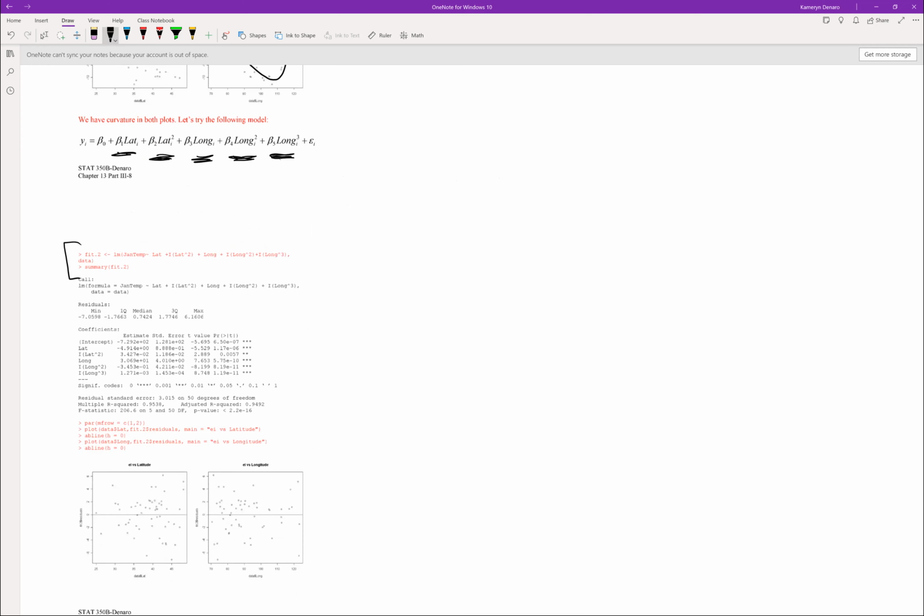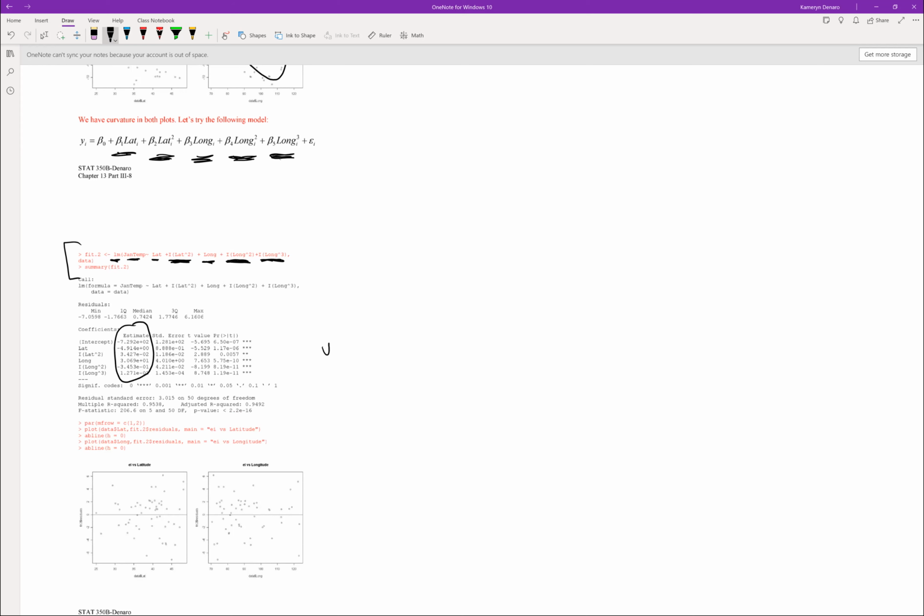We still use lm for the linear regression model, but now we say y follows latitude plus an indicator function of latitude squared, and then longitude, indicator function longitude squared, indicator function longitude cubed. And we get this final model here.